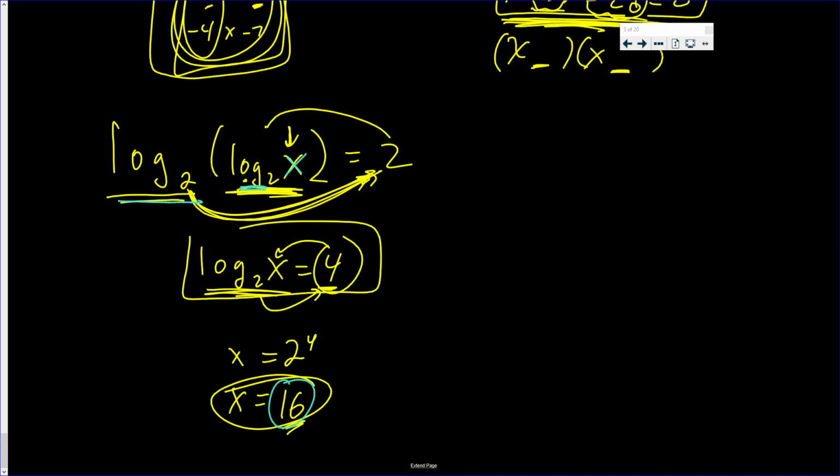And here, I'm taking log of this. But it says log base 2 of x is 4. So if this is 4, that's okay. But then I'm taking log of 4. And I can take log of positive numbers. I just can't take log of 0 or negative numbers. So it turns out that x is equal to 16 and that this video is done.